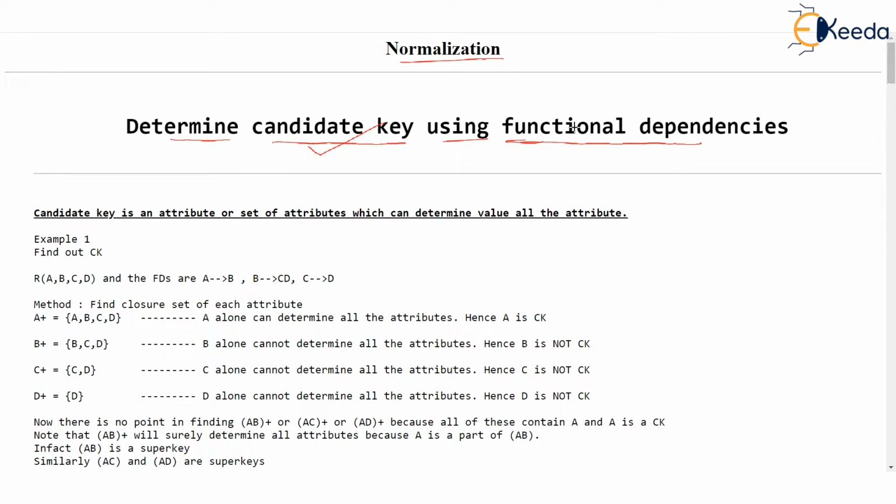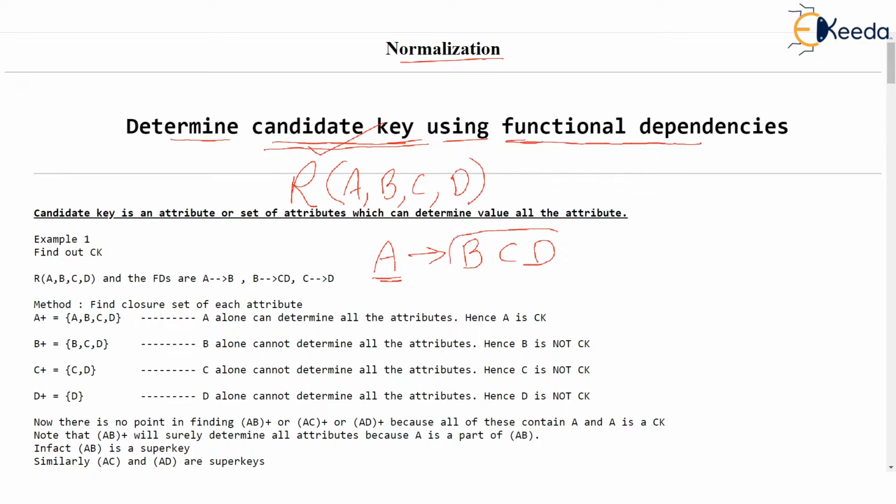Now, I think it is expected that all students know what is candidate key when you're watching this video, but still, as an example, suppose I have a table R which has four attributes A, B, C, D, that is four columns, and suppose attribute A determines B, C, D. Now you watch, attribute A is determining all the other attributes of the table.